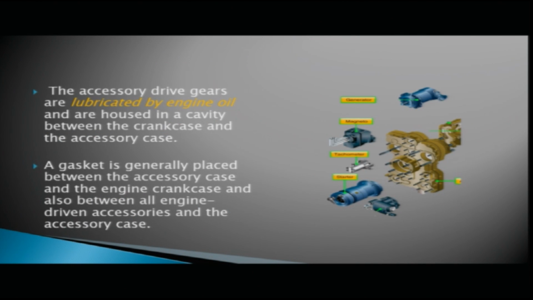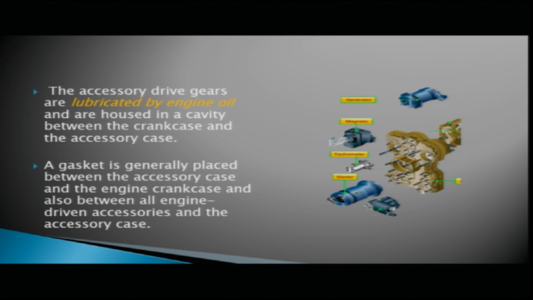The accessory drive gears are lubricated by engine oil. So, all the accessory drive gears are lubricated by engine oil and are housed in a cavity between the crankcase and the accessory case.